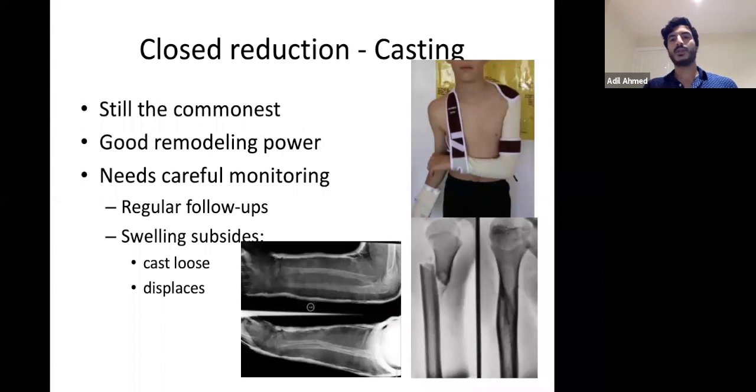So closed reduction is still one of the most common ways to treat any fractures. Closed reduction and casting particularly. Good casting is important. Casting has its benefits in that it prevents the need for an operation.